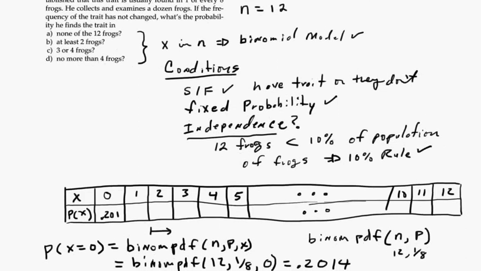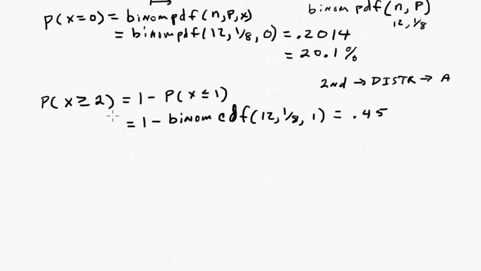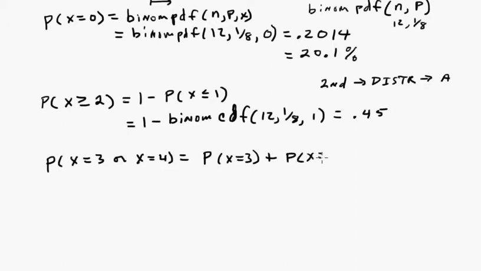What's the probability of 3 or 4? So the probability that x is equal to 3 or x is equal to 4, well, they're independent. So that's the probability of x equal to 3 plus the probability of x equal to 4. Okay, so nothing fancy.